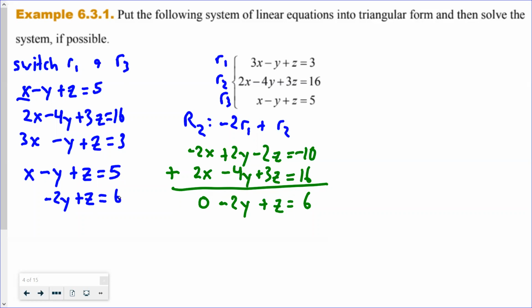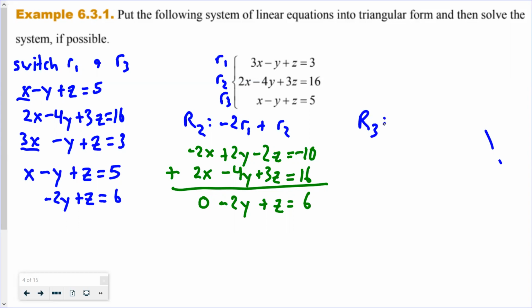Perfect. Now, let's do that same thing with row 3. In row 3, we've got a 3x, and I need to get rid of it. So I'm going to think, what is the opposite of 3x? In other words, what could I add to 3x to make it become 0? And you would say negative 3x. So I'm going to make a new row 3.